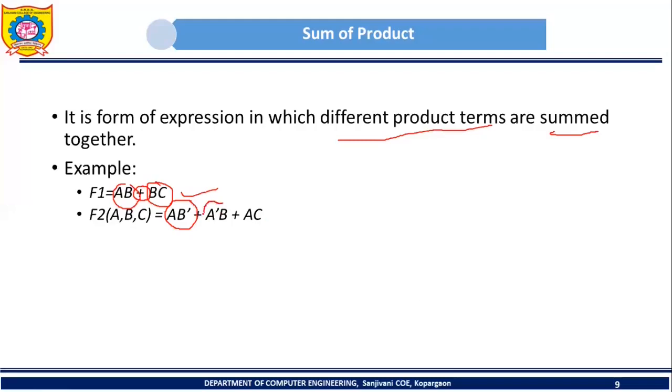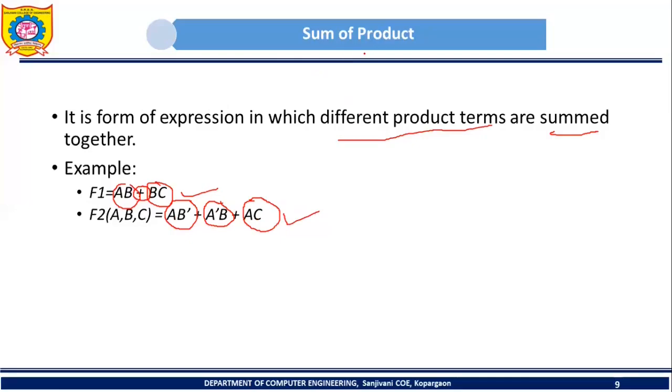The second product term is between literals a prime and b, and the third product term is between literals a and c. So here we have again taken the sum of these different product terms.